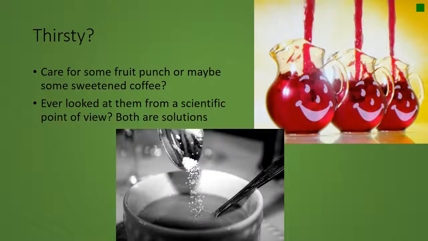So, are you thirsty? Would you like a cool sweetened drink, maybe some fruit punch, or perhaps a warm cup of tea or coffee sweetened with a little sugar or honey? From a scientific point of view, all of these substances are what are known as solutions.